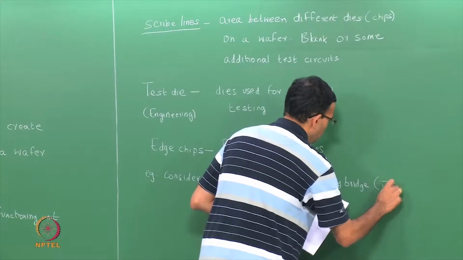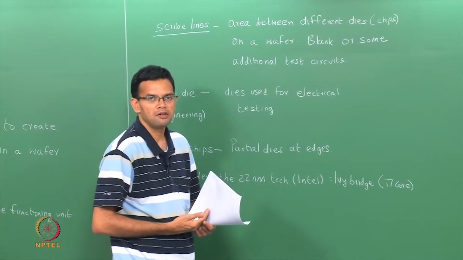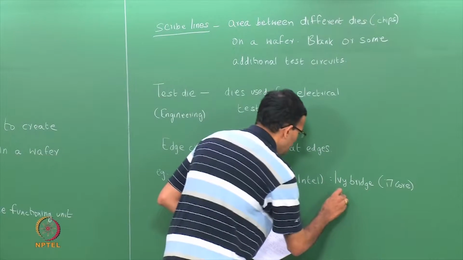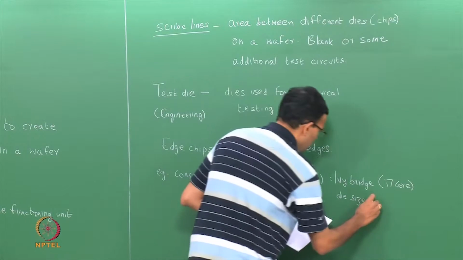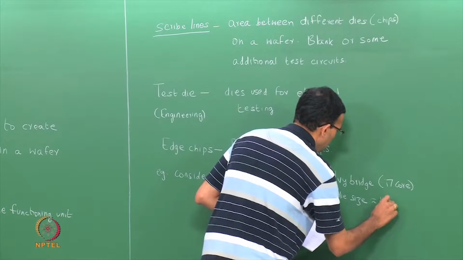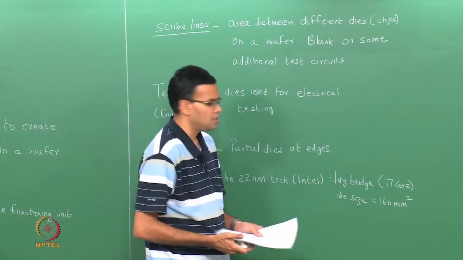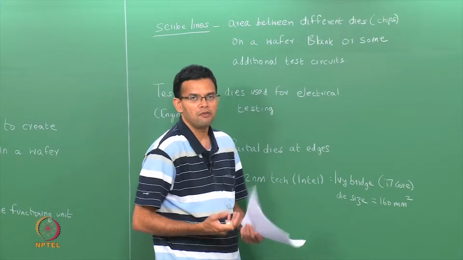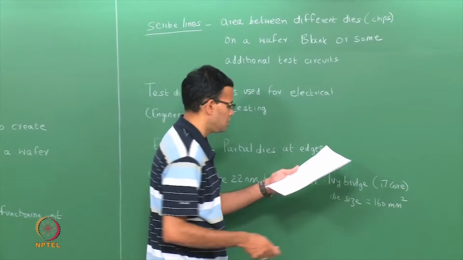So, i7 core. There are a bunch of dies here with different sizes, but a typical die size is approximately 160 millimeter square. So, if you are manufacturing these chips on a wafer, then each die has an area of around 160 square millimeters.